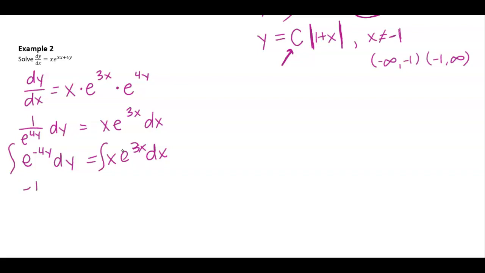The left-hand side is not too terrible, negative 1/4 e to the negative 4y. On the right-hand side, I need to do integration by parts.